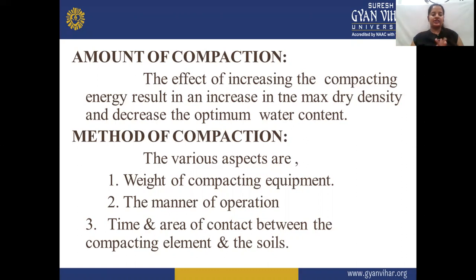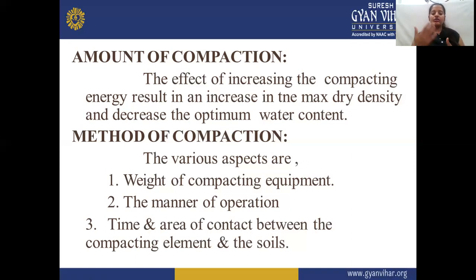If there is a restriction of land area, smaller sized equipment has to be used, so there we can go for alternative equipment. But if large land is available, to be highly productive and less time consuming, we can opt for larger and heavier equipment for compaction of the soil.